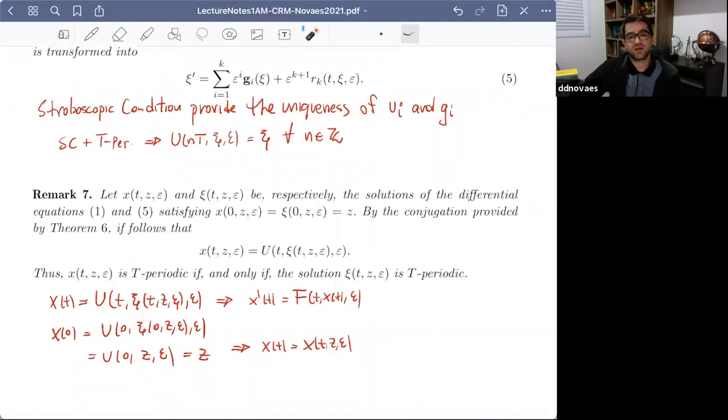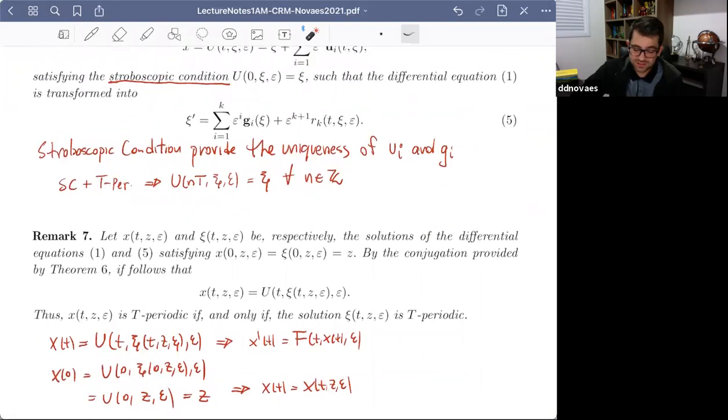So instead of studying directly the periodic solutions of our standard form, the difference equation 1, we can study periodic solutions of this transformed differential equation.